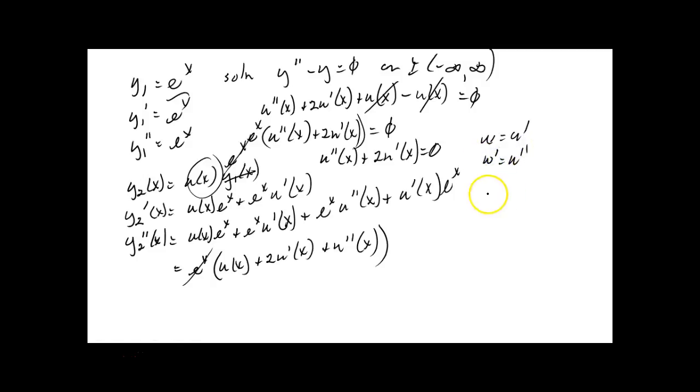So then we would have w prime of x plus 2w of x is equal to 0. All right? That looks a lot better, doesn't it? Not really. Okay, but they did. Fine. Which is a linear first order equation in w. And then we can use an integrating factor. Do you remember how we did that?